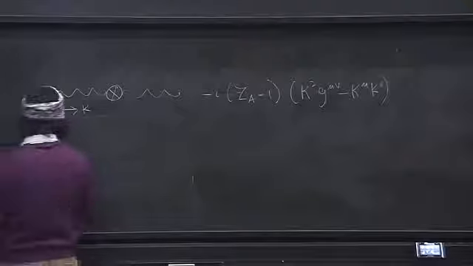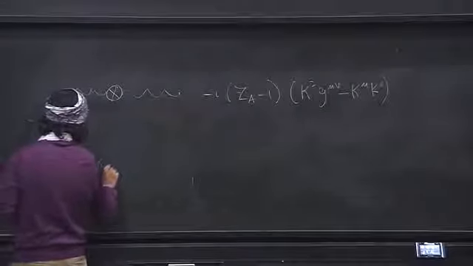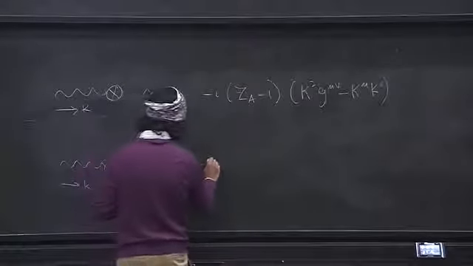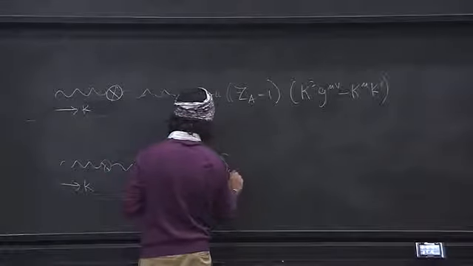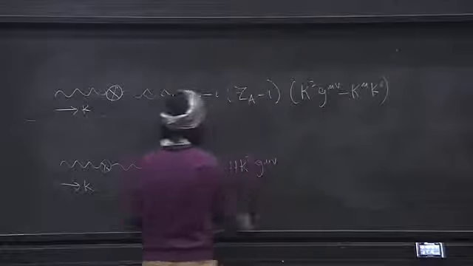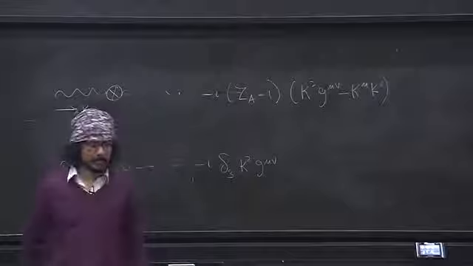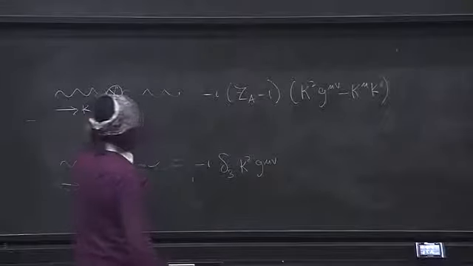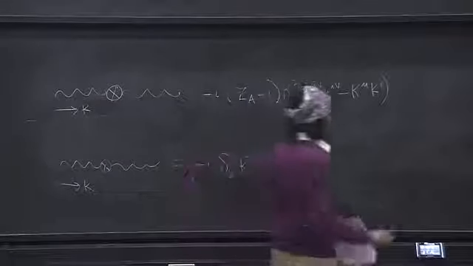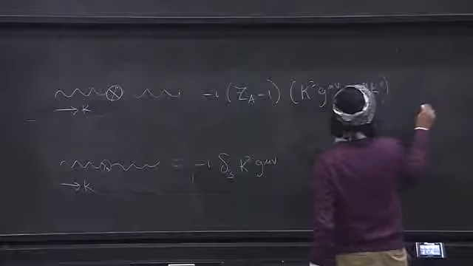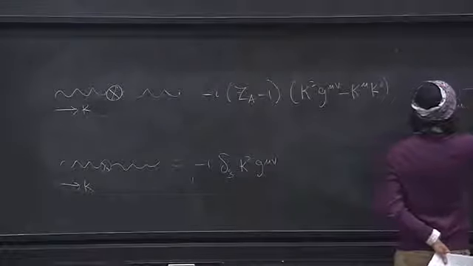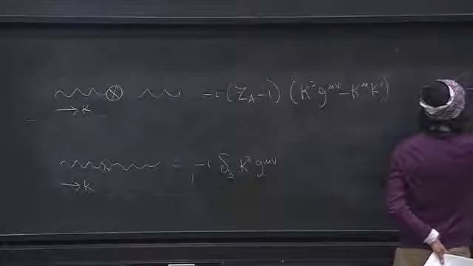In the Feynman gauge, I haven't really worked this out, but this would give you some other counter term, delta 3. Your Feynman rule will be something like this, where delta 3 you can easily work out. But the point is that the gauge invariant part has this k squared g mu nu minus k mu k nu term, which comes from the fact that this thing satisfies this, right?